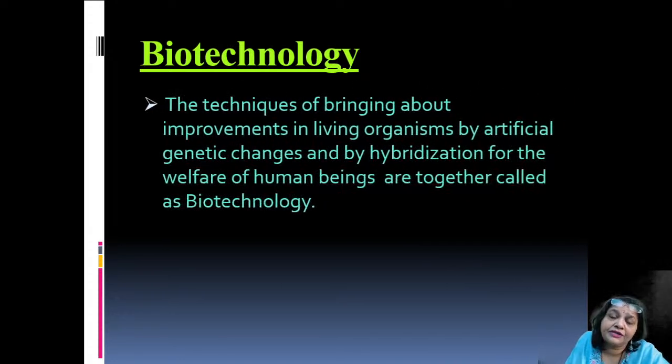Let us see what biotechnology is. Biotechnology is a new field for you all students, where you can explore and do lots of research. It covers the techniques of bringing about improvements in living organisms by artificial genetic changes. So changes in the genes, in the DNA, can be made by artificial techniques, and producing hybrids by hybridization for the welfare of human beings, together is studied under biotechnology.